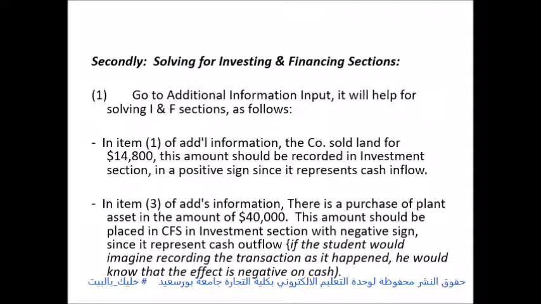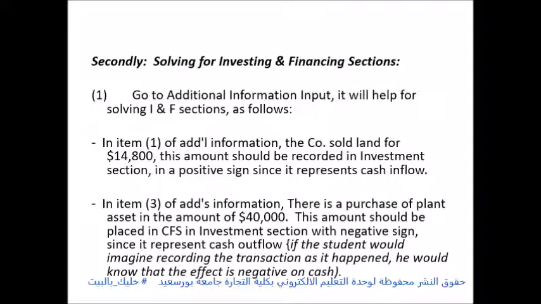Imagine the journal entry of this item. Cash debit and credit land, and the difference between the cash received, 14,800, and the book value of the land represents gain on sale of land.